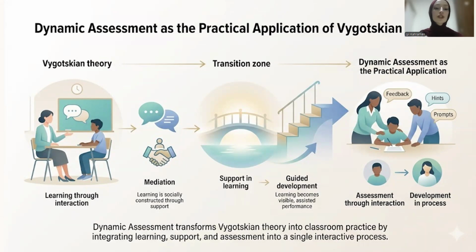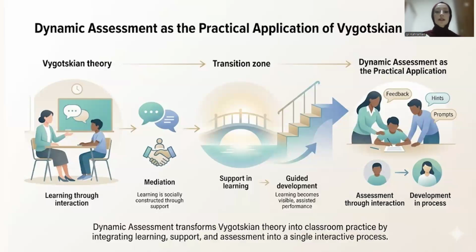So, the teacher plays an important role by guiding and supporting the learner. Vygotsky explained this with the idea that what learners can do with help today, they can do independently tomorrow. So, this shows that learning is always supported and developing.